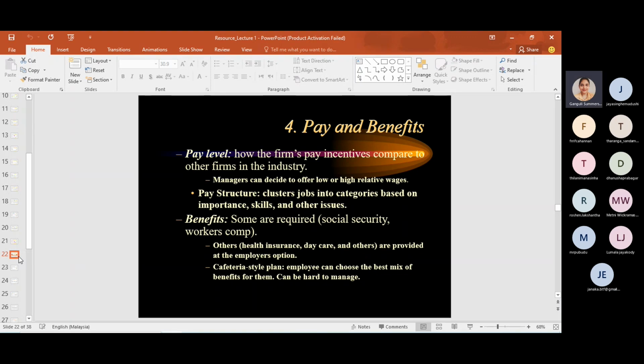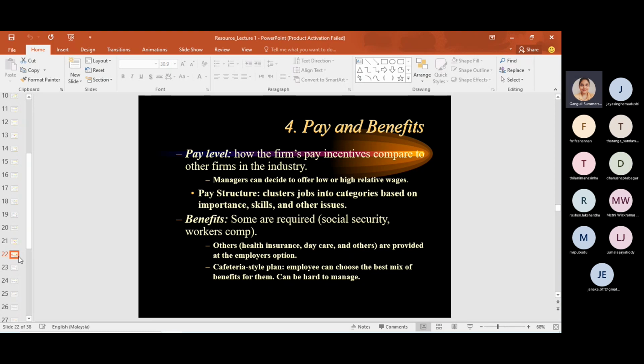Let's say a certain organization makes a list of 10 benefits, but employees are allowed to choose only 5. Nobody is allowed to have all 10.